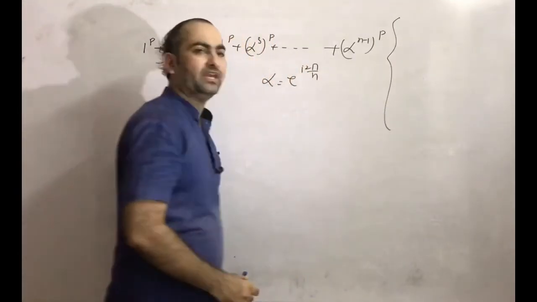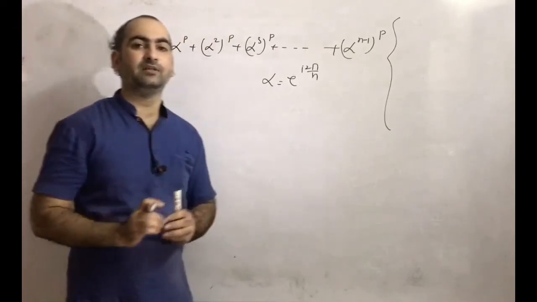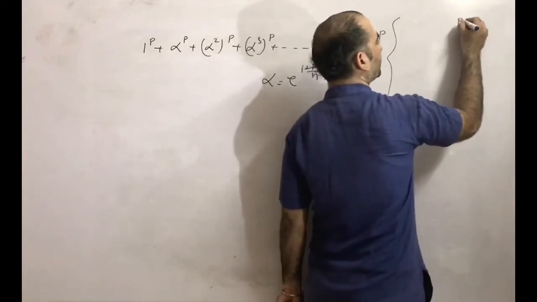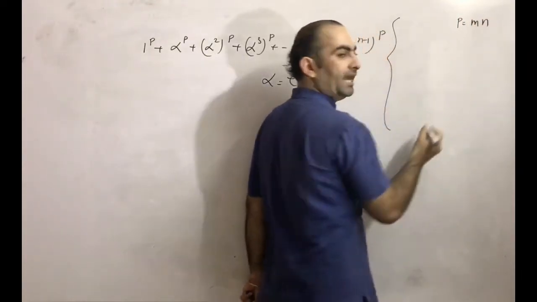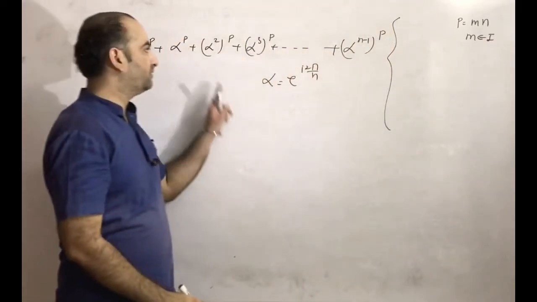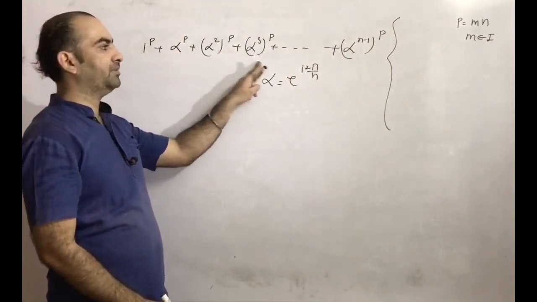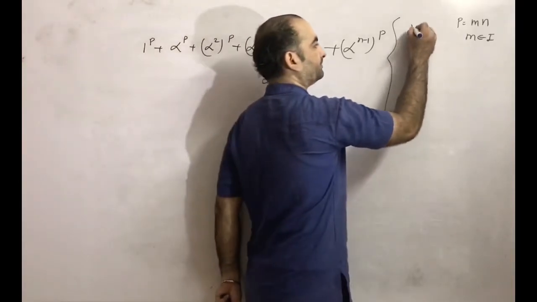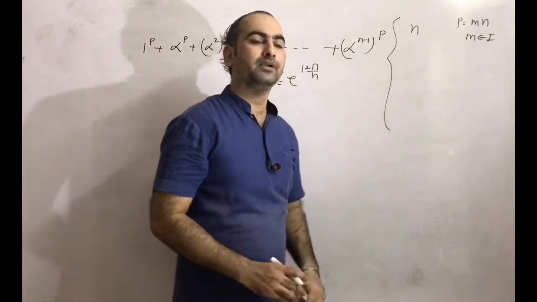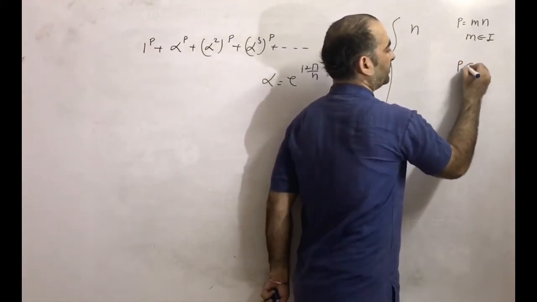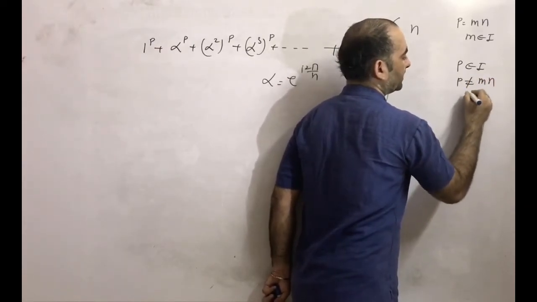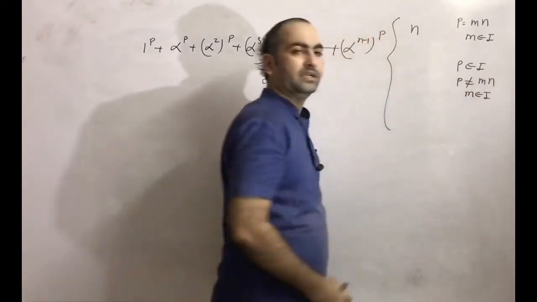First category: if p is an integral multiple of n, that means p equals mn, where m belongs to the integers, then this summation is 1 plus 1 plus 1, n times, so n. Next, if p is not an integral multiple of n but p is an integer, p belongs to the integers but p is not mn, then this summation is 0.